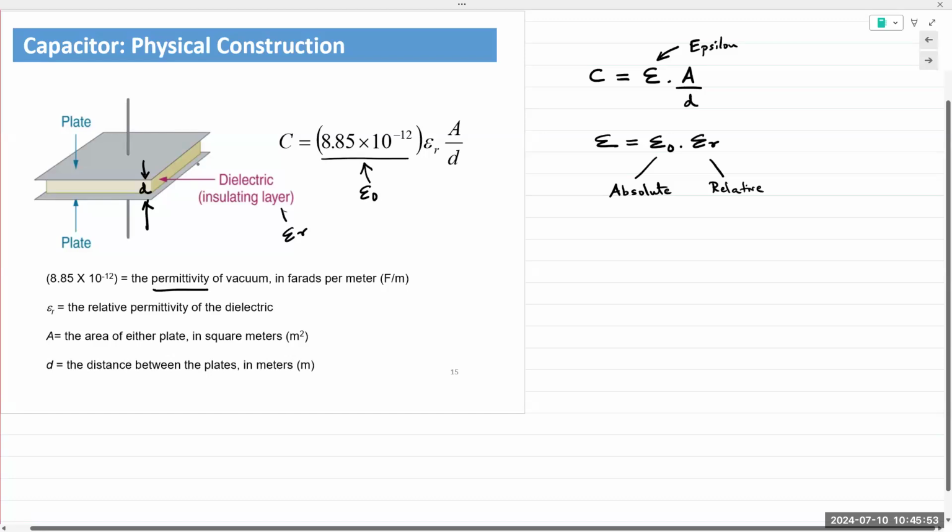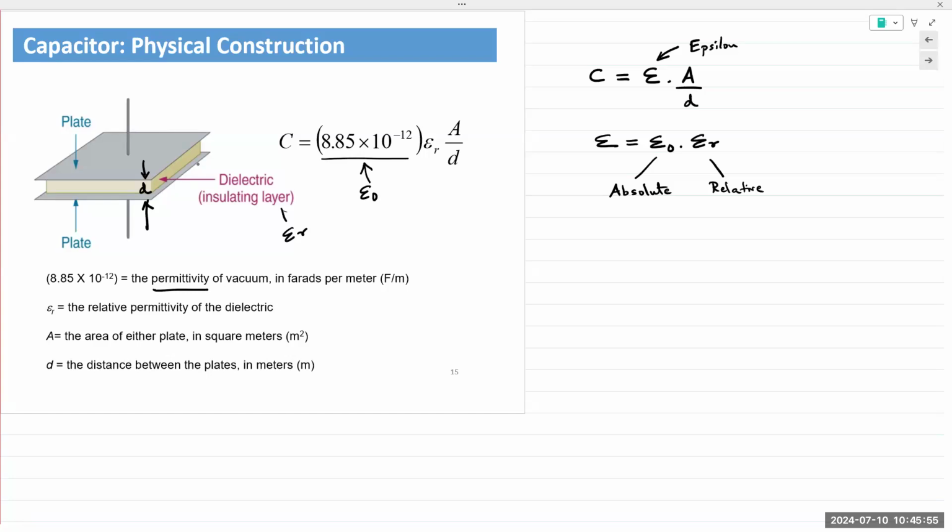Okay, so conceptual question. It says the cross-sectional area of the plates.